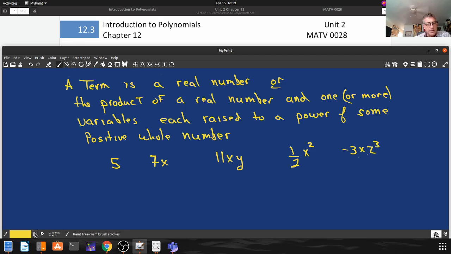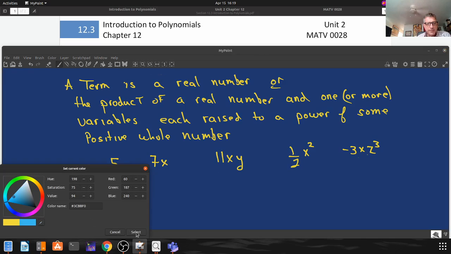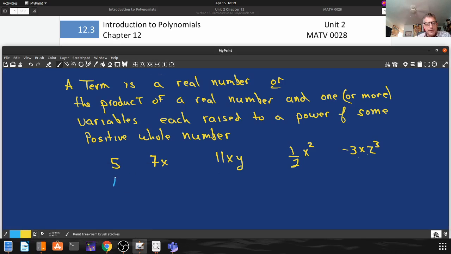So let's give you a little bit more vocabulary. 5 is not a product of any variable, it's just called a constant, or sometimes a constant term. 7x is called a variable term.